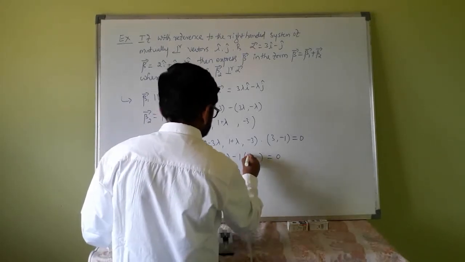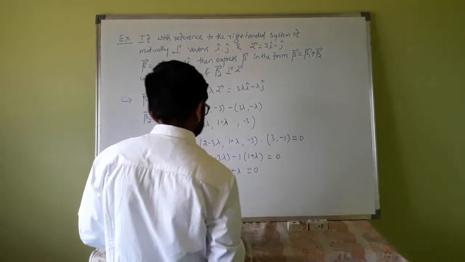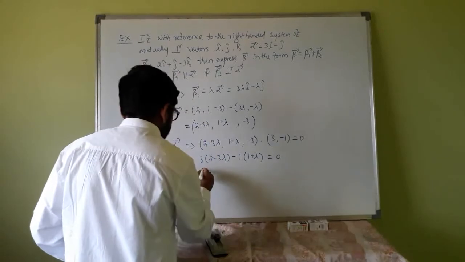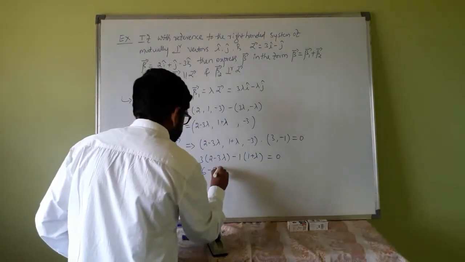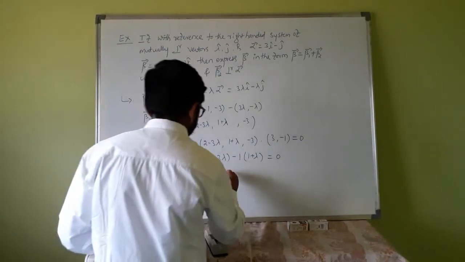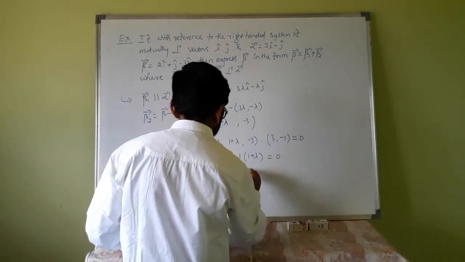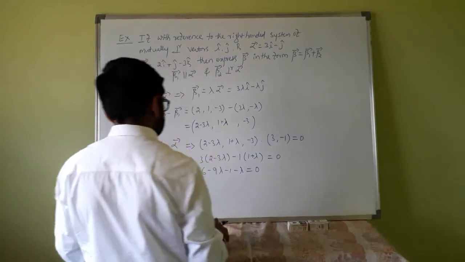So this is 6 minus 9 lambda minus 1 minus lambda is equal to 0.